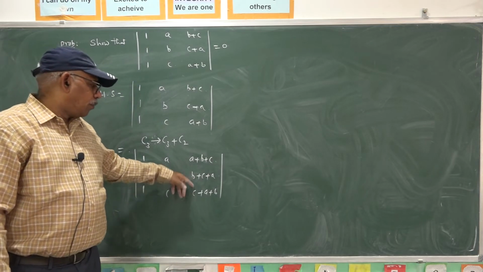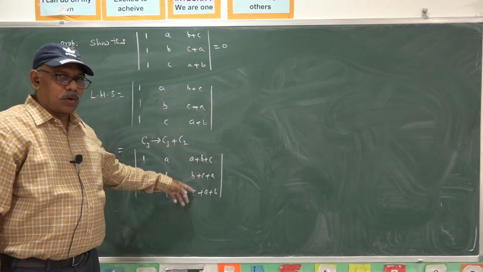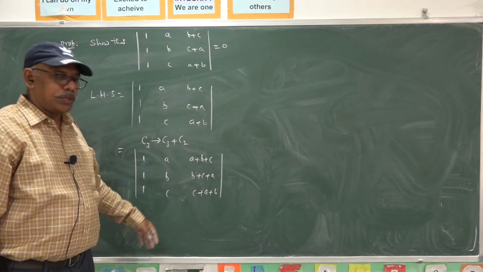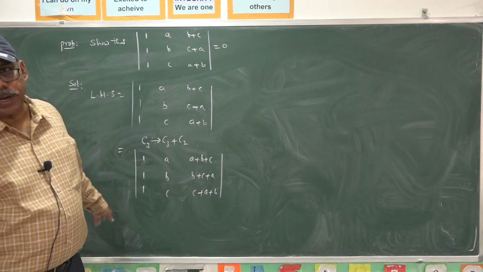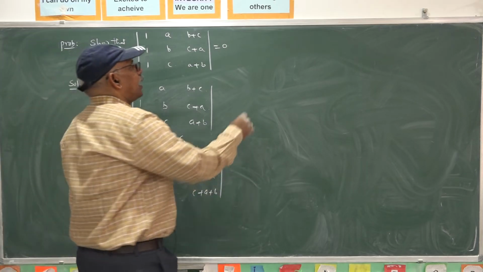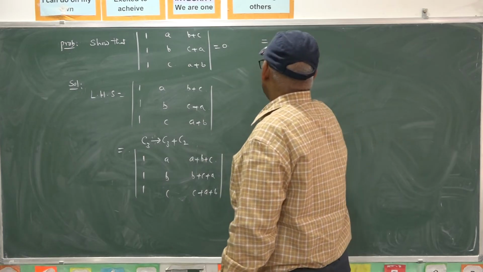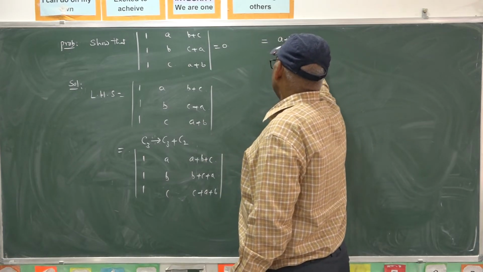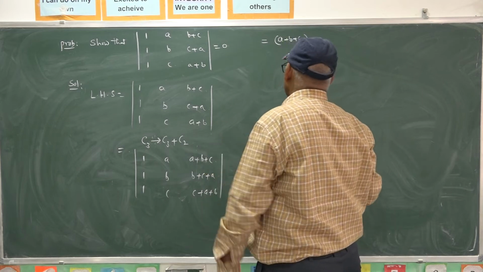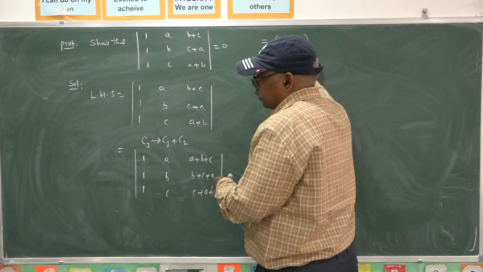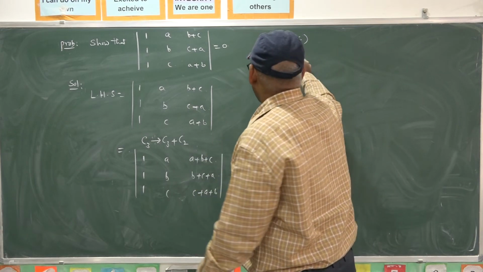So, we have a common element in C3. Now, you can take that value as common, taking A plus B plus C common from the C3 elements.